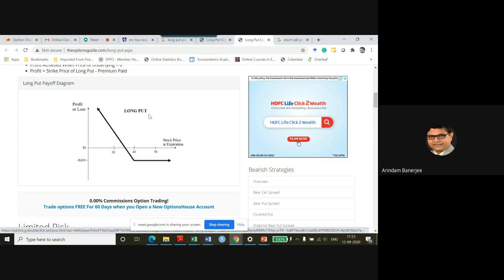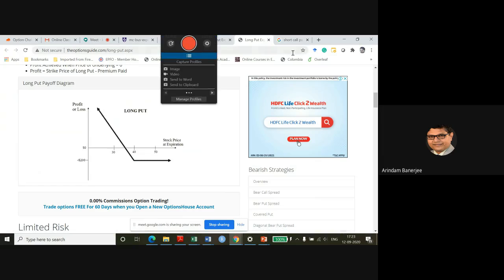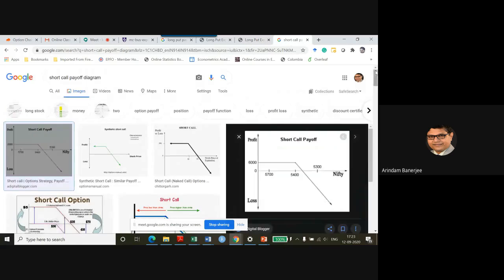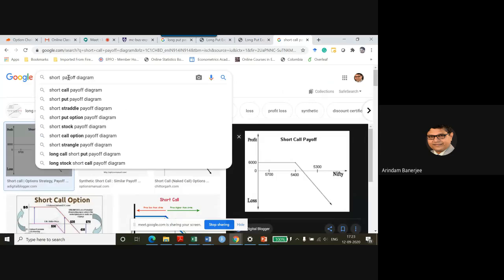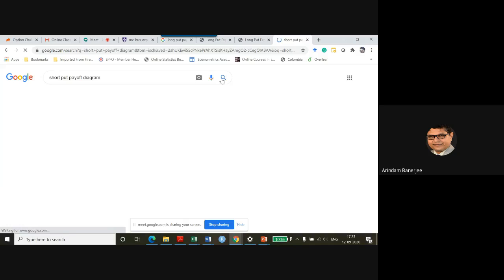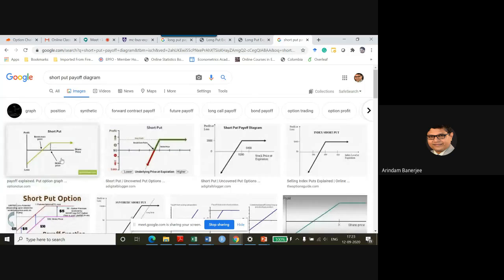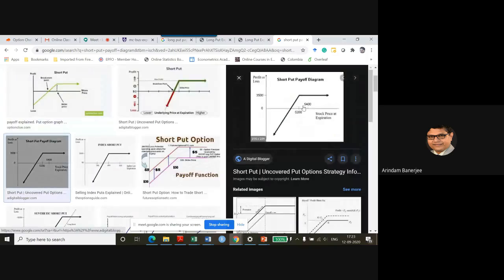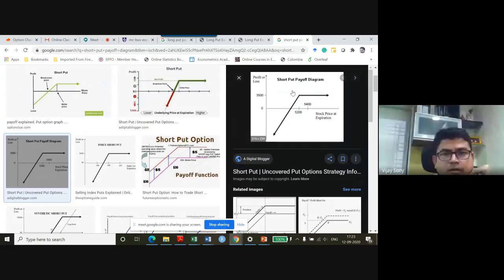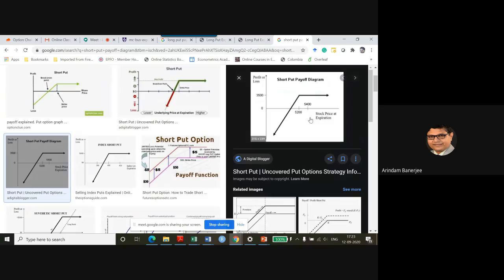Okay. Now, if I take the short put payoff diagram, then we can say it is just the mirror image of the earlier graph. This graph and this graph, they are just mirror images. Now we have to think like this.